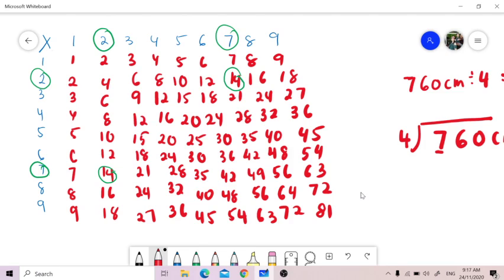Look at 4 on the side, divided by 4. Is there any 7 in this line? There's no. But you're going to see what is nearest to 7, but less than 7. So here we have 8.